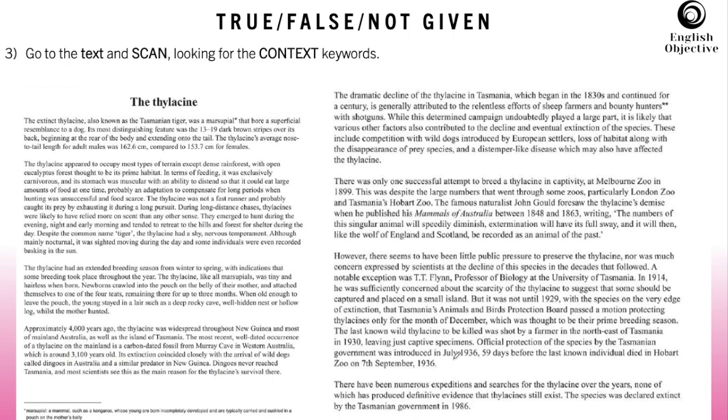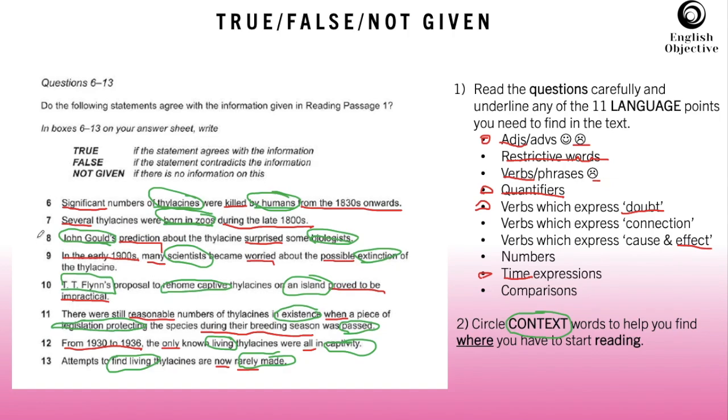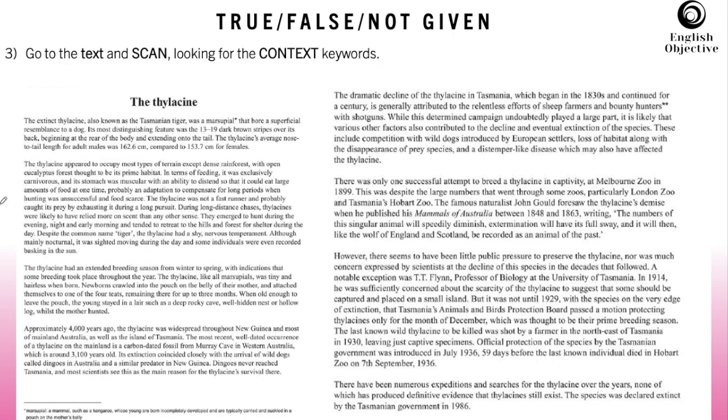So let's do that. I'm going to try to scan the text looking for the keywords, and I'm going to try to do it in order. Let's begin with 6. It's about the thylacines killed by humans, and then I've got the time. The time could actually help me, so I'm going to scan quickly, looking for the numbers.